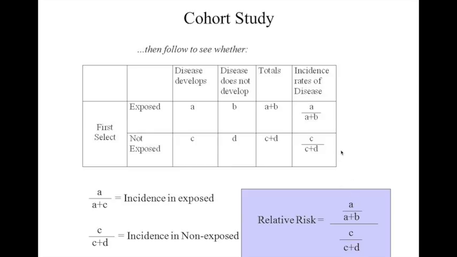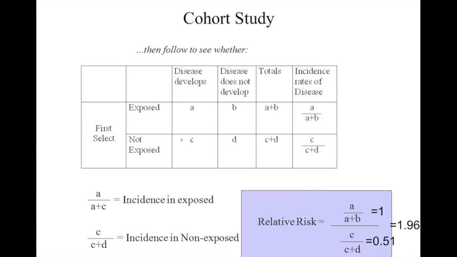The relative risk is simply the ratio of these two things. It's the ratio of the absolute risk of the exposed group to the absolute risk of the non-exposed group. So it's A over A plus B divided by C over C plus D. That's all a relative risk is.